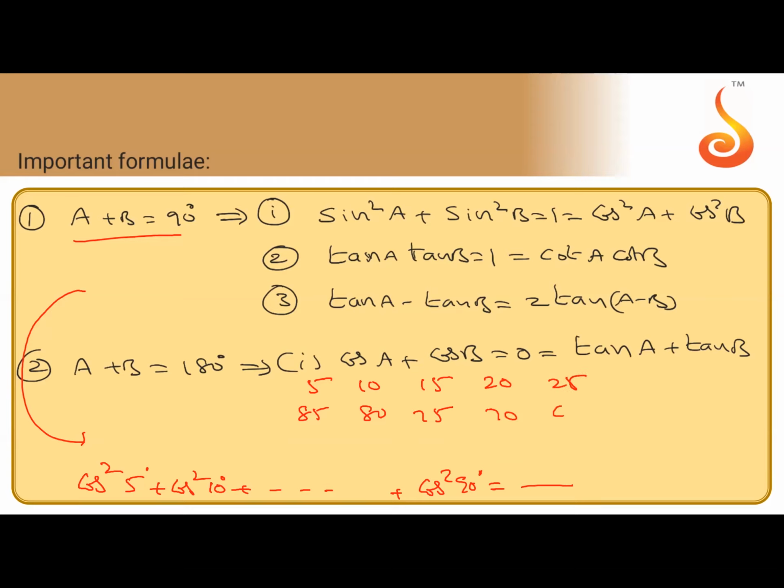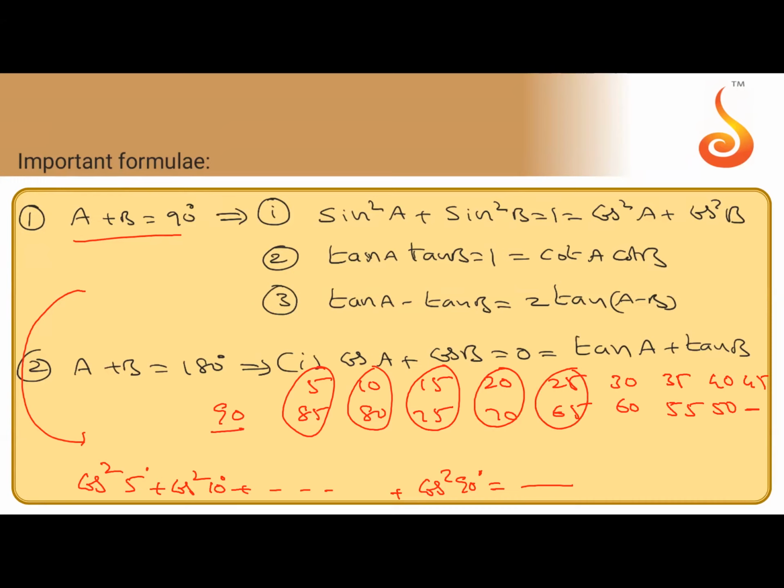Next, 25 and 65, 30 and 60, 35 and 55, and 40 and 50. Now 45 comes, and it has no combination. And 90 also has no combination. So those are the extra terms. Please count here: 1, 2, 3, 4, 5, 6, 7, 8 combinations.